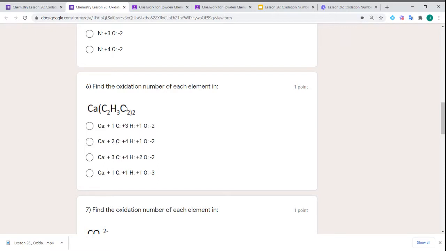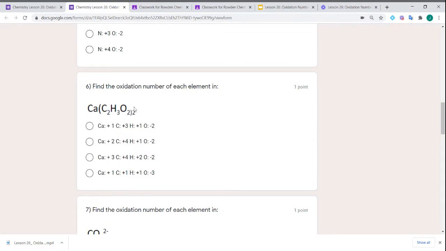But just to make sure you get what's going on, hydrogen has to be +1, and then oxygen is -2. Basically, you know calcium is +2. So this whole C2H3O2 thing, there's 2 of them, so this whole thing has to end up at -1.